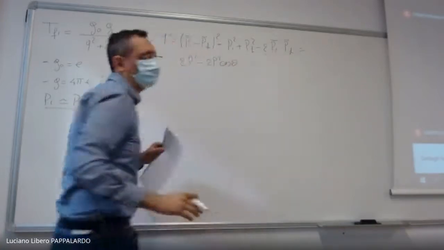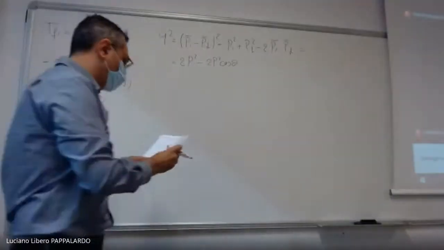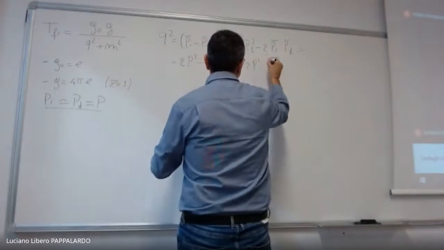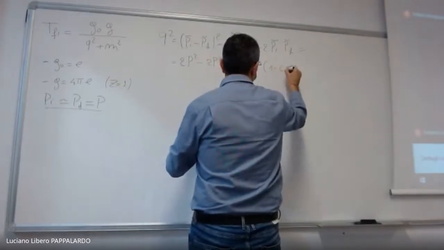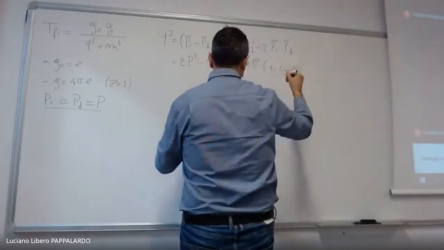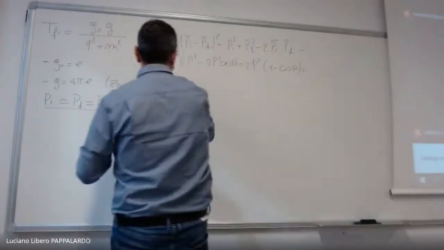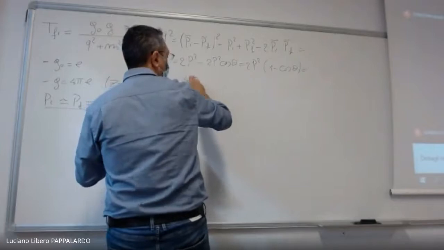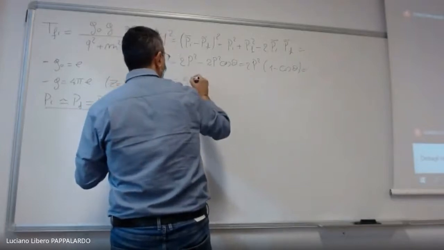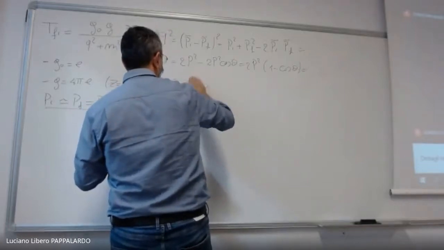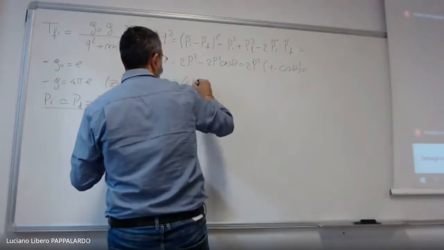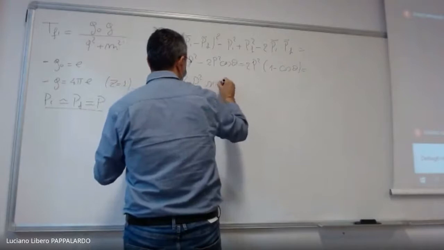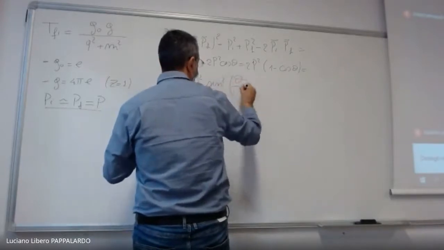Here we just develop the scalar product. And so this we can write at the end as 2 p squared (1 minus cosine theta), and by simple trigonometry, it is 4 p squared sine squared of theta over 2.